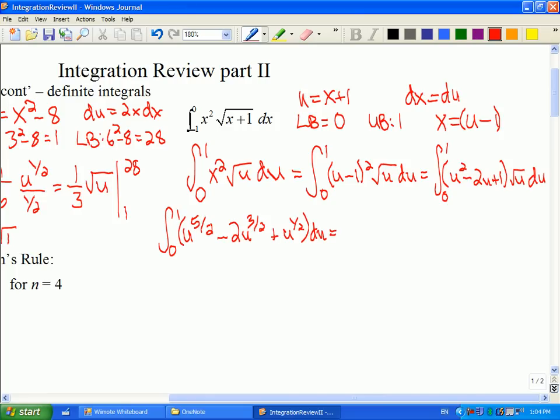So if I used power rule, I would end up with 2 out of 7 u to the 7/2, take away 4 out of 5 u to the 5/2, and we'll add 2/3 u to the 3/2.